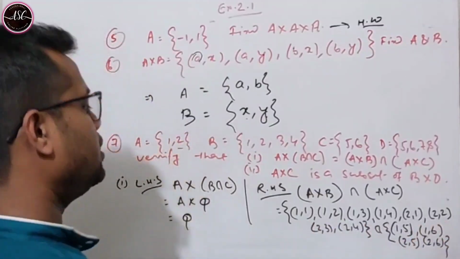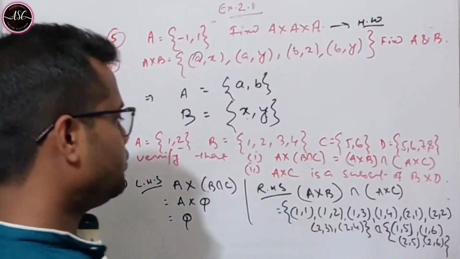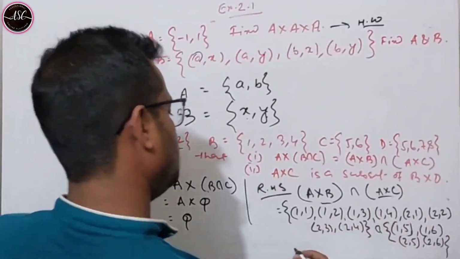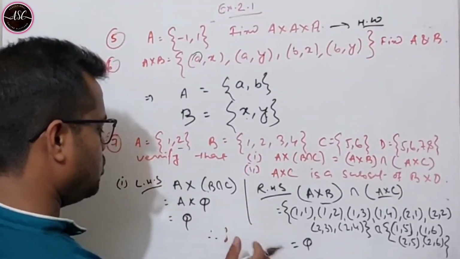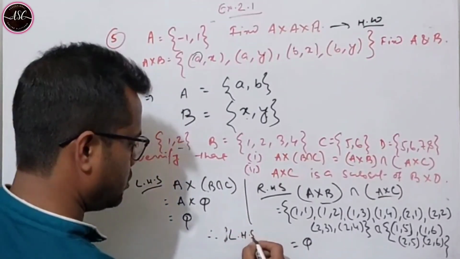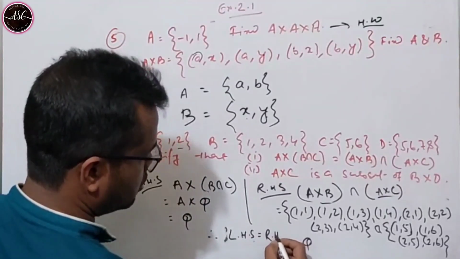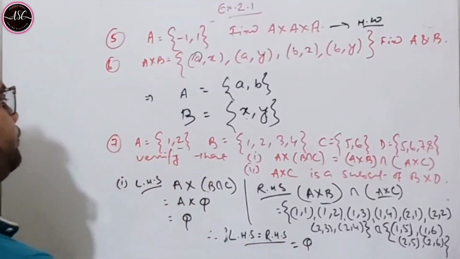So look at this, there is nothing common between these Cartesian products. So this is also phi. So LHS equals RHS. So this is verified. Okay.